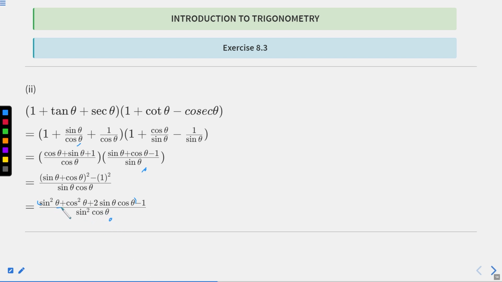So basically we expand this term sin theta plus cos theta whole square, and we get these terms. Here we have sin square theta plus cos square theta, which is equal to 1.